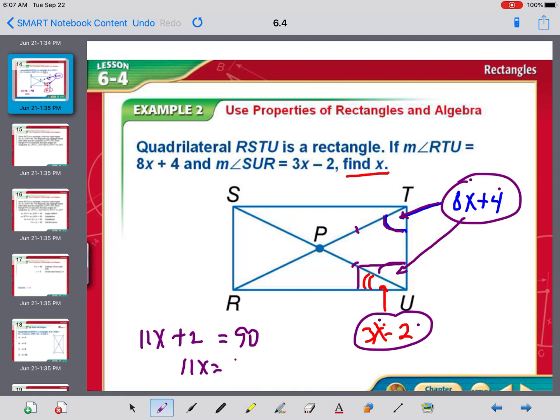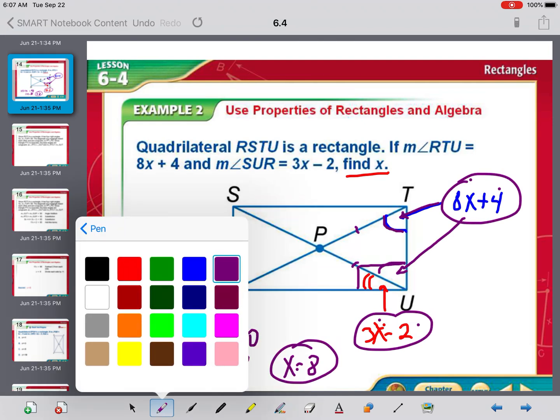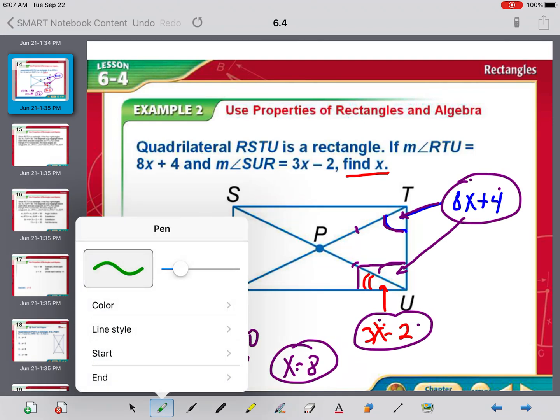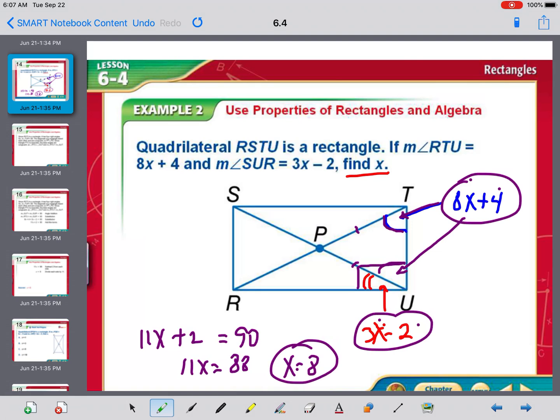And they have to add up to 90. So 11x is 88. X is 8. Pretty sure that's right. And that's what they asked me to find, was the x.